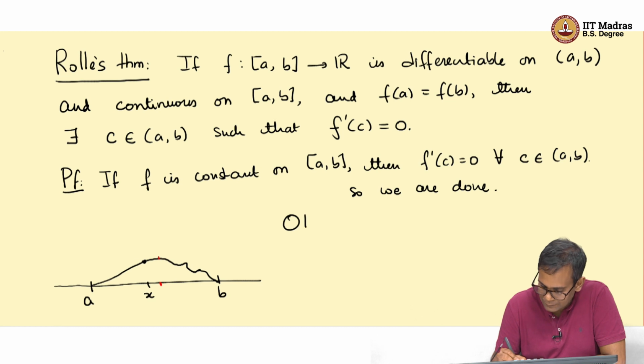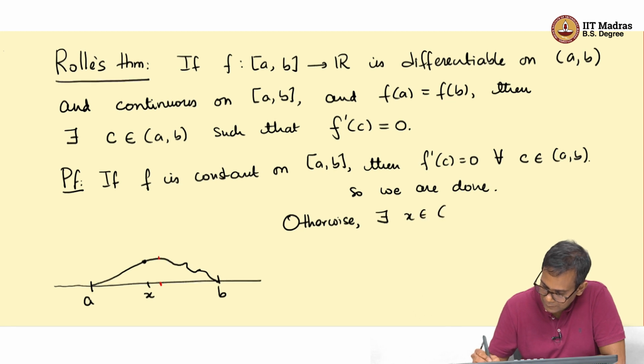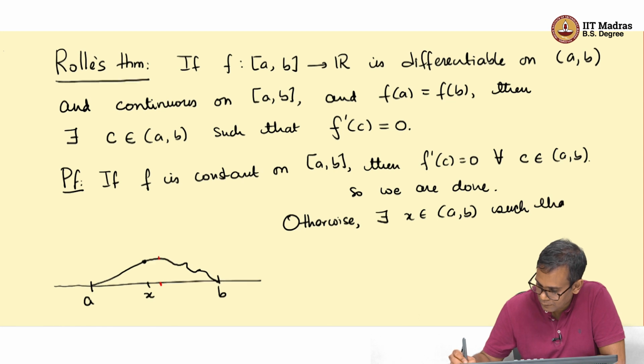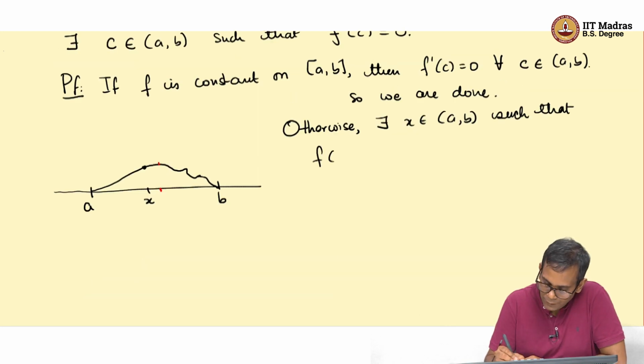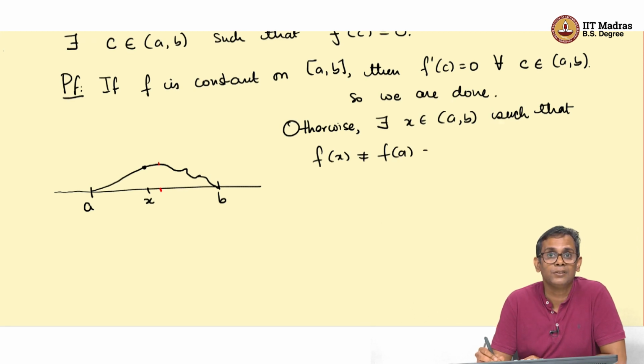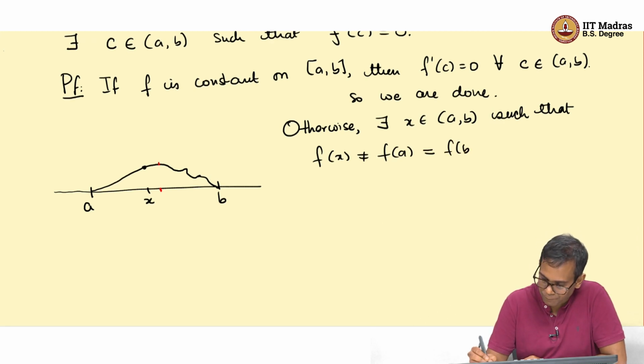So, otherwise there exists x in (a, b) such that f(x) is not equal to f(a), which by the way is also equal to f(b).